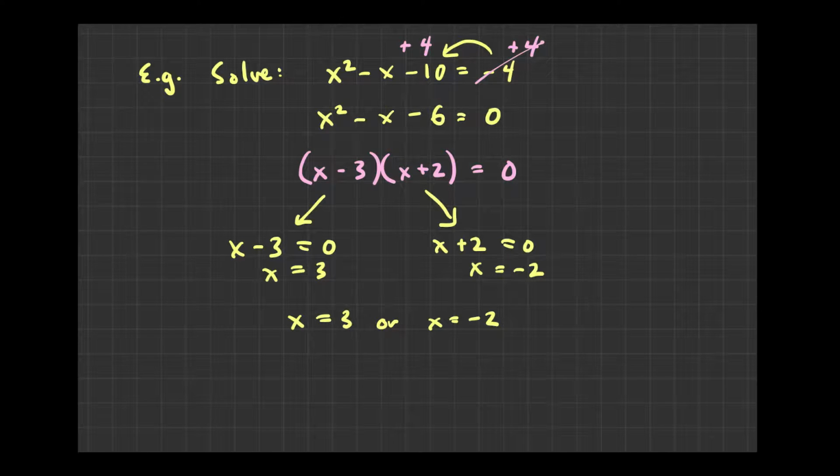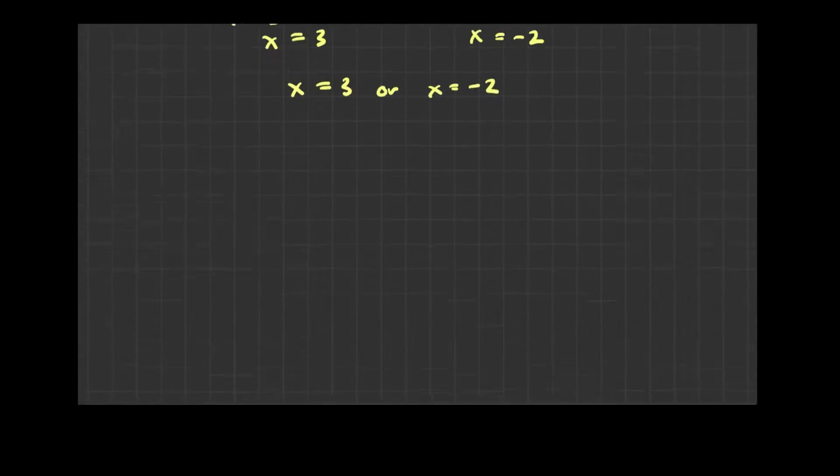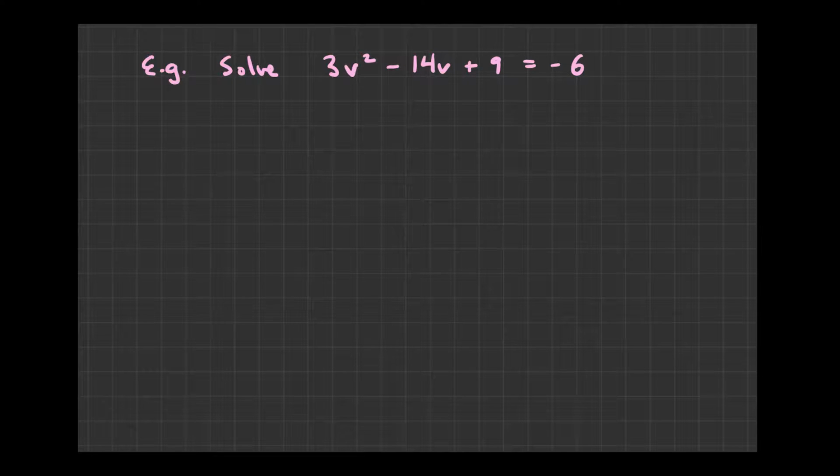Let's try one just slightly more challenging. Let's try this one here. We're going to solve this: 3v squared minus 14v plus 9 equals negative 6.